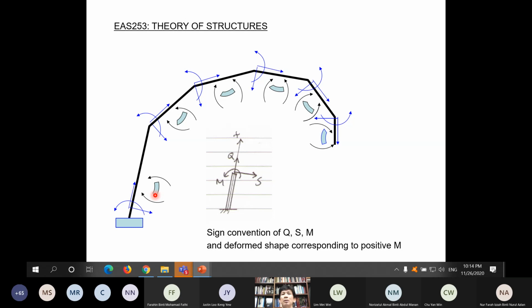So this is how we decide where to plot. What are the positive sign conventions for Q, S, and M? And when you draw the bending moment, what is the meaning of positive bending moment in form of how it's going to deform for that particular portion?